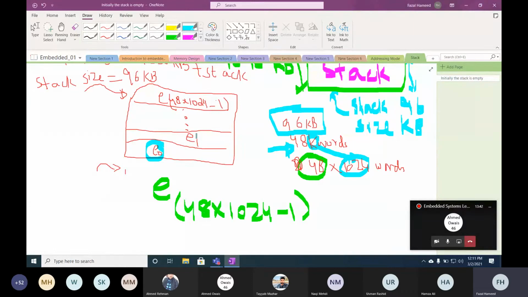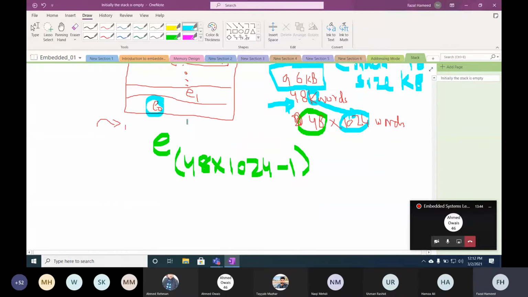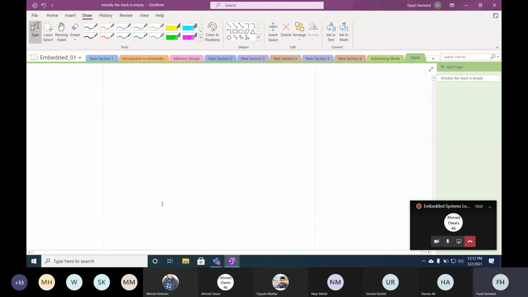Okay, now if we move from bottom to top, let's assume we have a memory. What is the minimum address? If you remember, we have a memory. What was the size of the memory? What were the address lines?